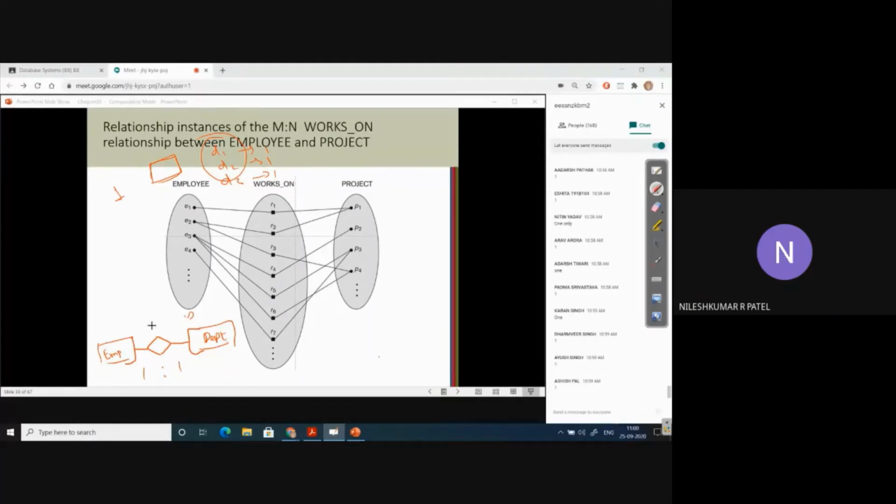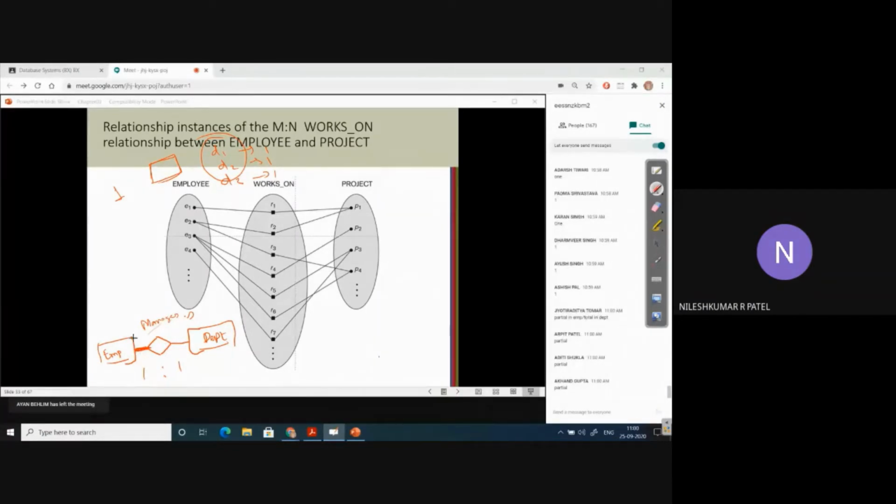From the employee side, is the participation partial or total? It is partial, because every employee is not a manager. Here it is the manages relationship, so every employee is not a manager.